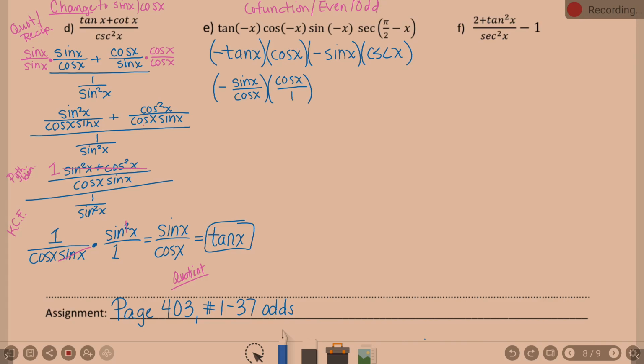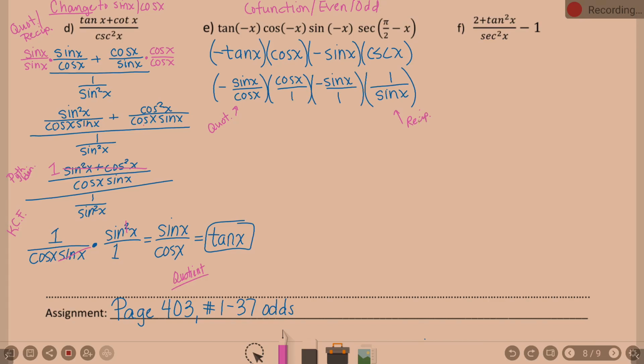I'm just going to make it a fraction. It's negative sine x over 1. Cosecant is what? 1 over sine x. According to our reciprocal identity, it's 1 over sine x. So I just used my quotient identity here, and I used a reciprocal identity here.